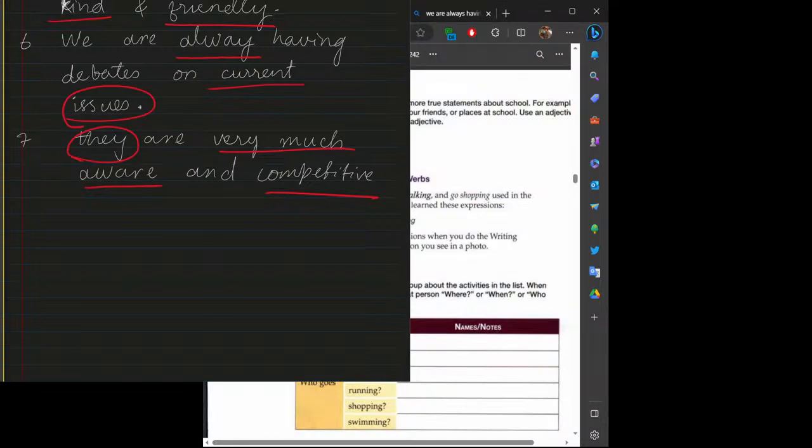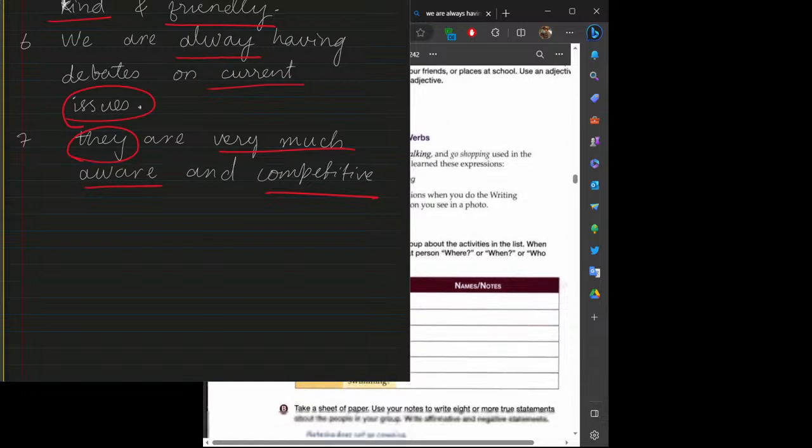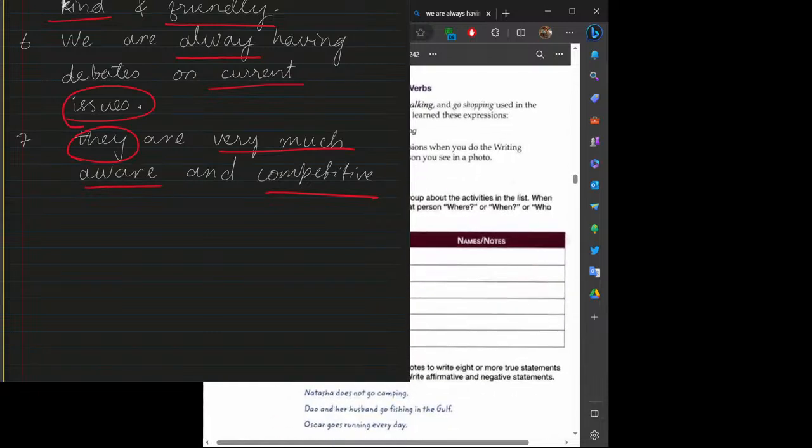We just added one more here, and let's go on to applying vocabulary. Use go plus ing verbs.